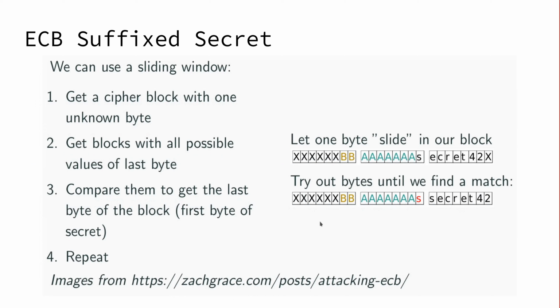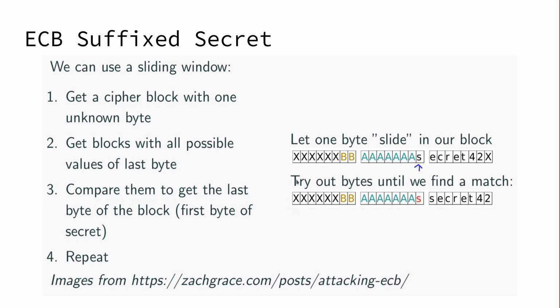So what we could do, for example, is we submit our user data, or in this case we just submit XXXBB and then ACE, and we choose our user data so that it fills the AES blocks but leaves space in the last of our user controlled blocks for data of the secret information.